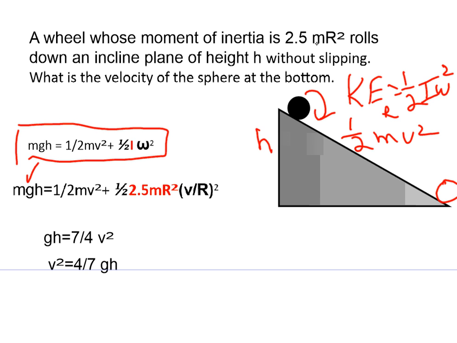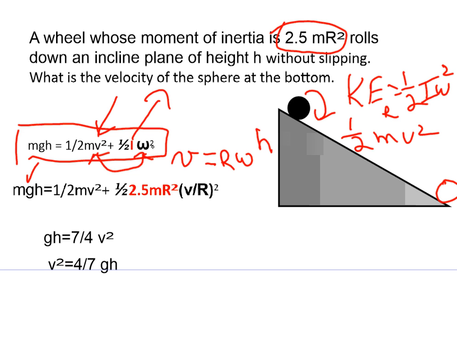Now, for a sphere whose moment of inertia is 2/5 mr squared, that's I, rolling down an inclined plane of height h without slipping, what is the velocity of the sphere at the bottom? So we want to solve this equation for v, given the fact that I here is 2/5 mr squared. Now, it would appear that there are two unknowns here, but they are connected by the equation that relates linear and rotational motion: v is equal to r omega.